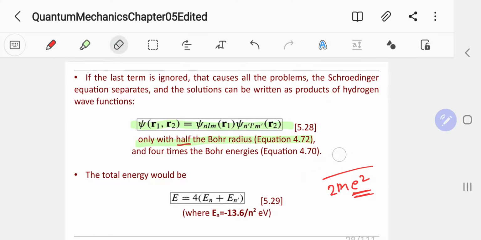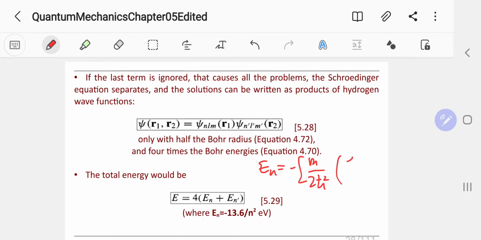The energy also, if we recall the energy of the hydrogen atom, you have En equals, the energy of the electron in the hydrogen atom is negative m over 2 h bar square, e square over 4 pi epsilon sub O, and then you have a square here.